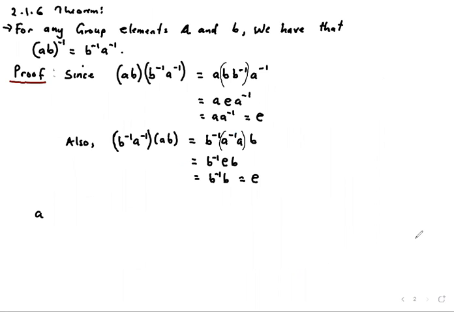It means that (AB) inverse is equal to B inverse A inverse, the one we used in doing everything.